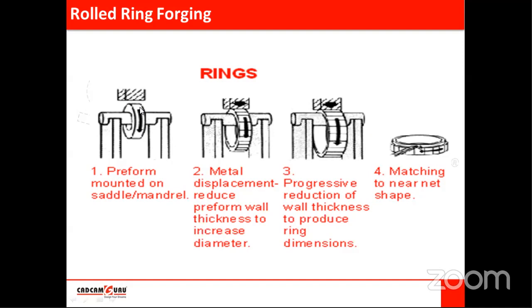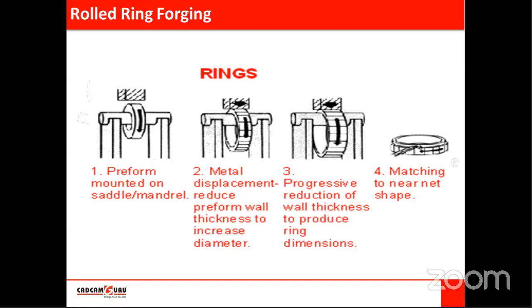Here, this is the workpiece, and it is continuously rotated by mounting it on the shaft, and a continuous hammering process is there. Due to this hammering, the width will increase and the thickness will reduce. Simultaneously the diameter is also increased. So roll ring forging means applying force at the time of rotation.